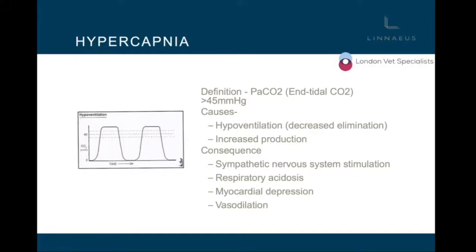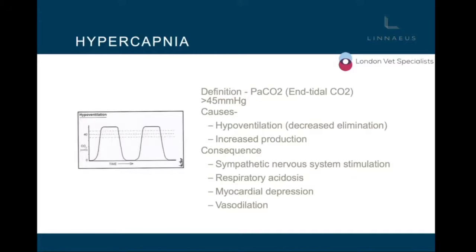Consequences of this hypercapnia, so increased carbon dioxide levels in the blood, may be that it increases sympathetic nervous system stimulation, which on one hand can sometimes be a little bit helpful under anesthesia because it may promote increased heart rate, increased contractility of the heart. However, it will also increase risk of arrhythmia, which is obviously detrimental to the patient.